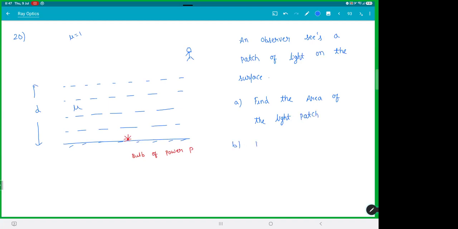And if P is the power of the bulb, how much power is coming out of the liquid surface? If the bulb is emitting power P, how much energy is coming out of the surface?